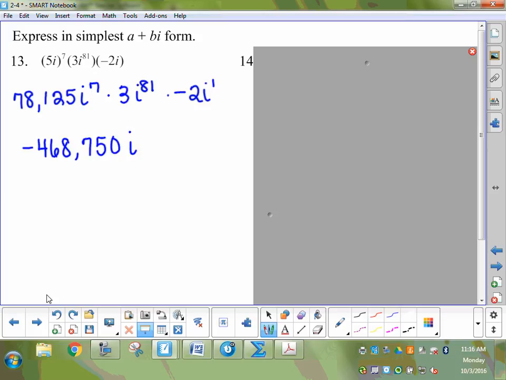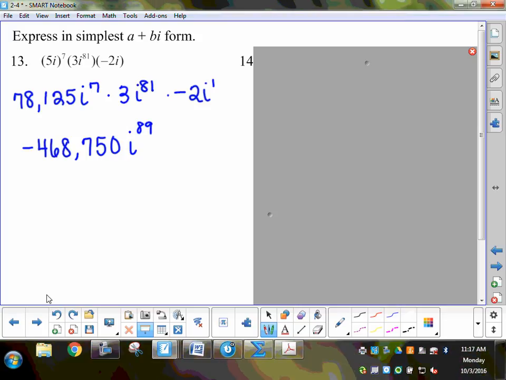Now, we've got i to some power. What do you do to the exponents when you multiply with like bases? Add them. So who can tell me what the power on that is going to be? The i to what power? Terrific. And what do you think a lot of you are going to fall asleep and forget to do? Add that i to the 1st at the end.